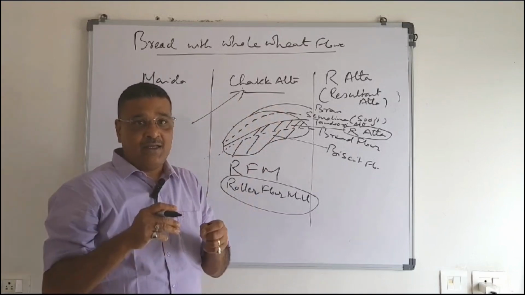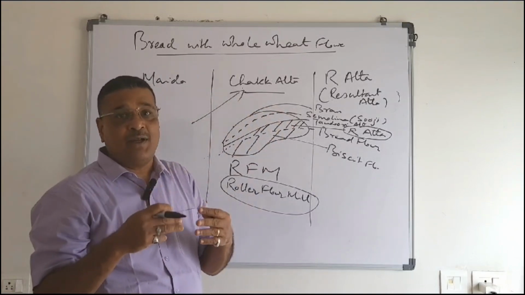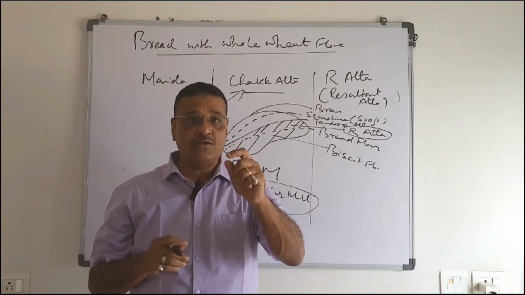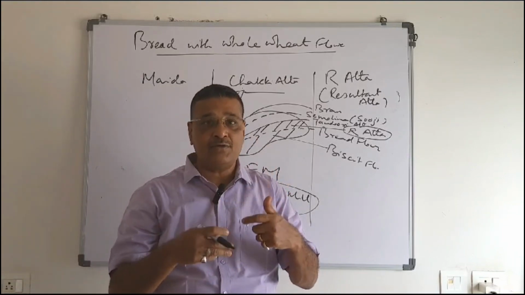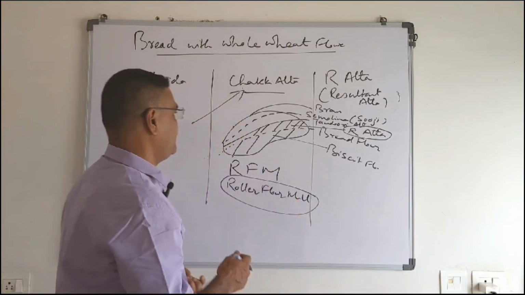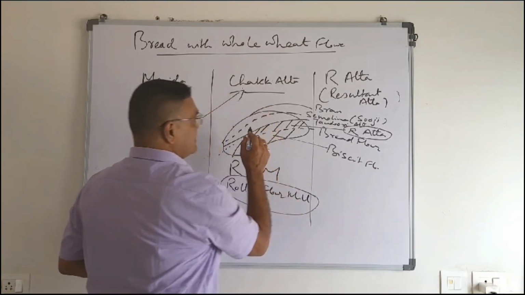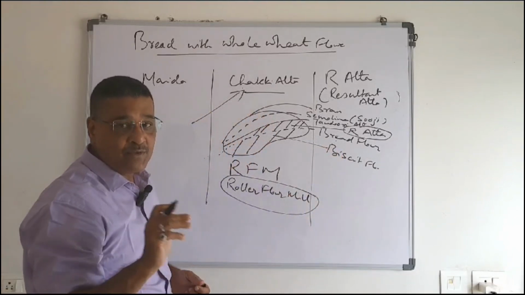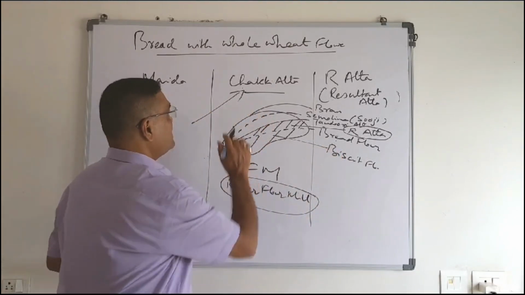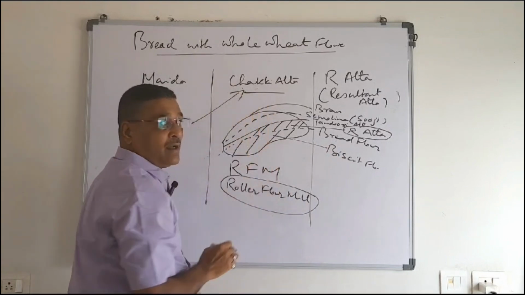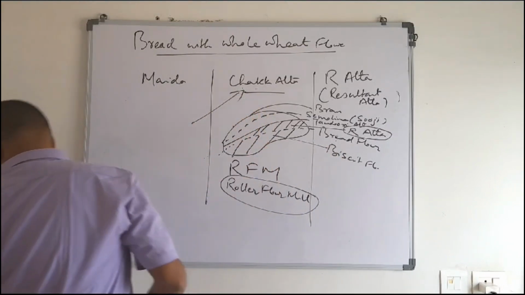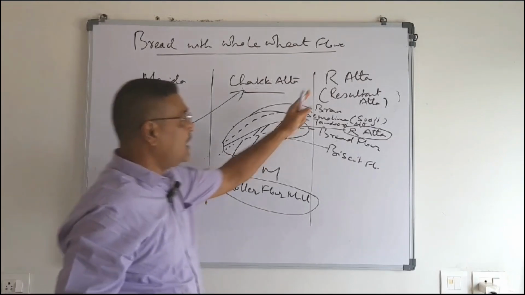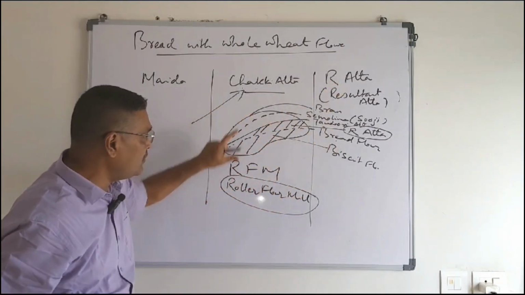So chakki atta nowadays is a little whitish in color compared to earlier days when the kernel used to be directly ground and it used to be creamy in color with lot of bran. That means a bread flour will contain absolutely no bran, whereas a tandoori atta will contain bran. So let us understand the difference between all these three. Maida and arata are fractions of roller flour mill.